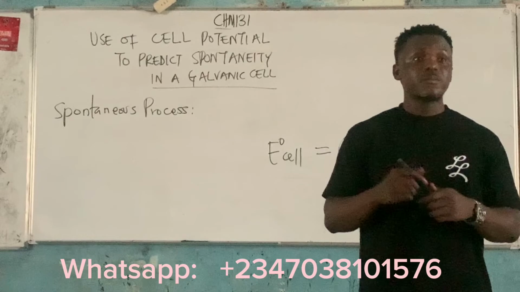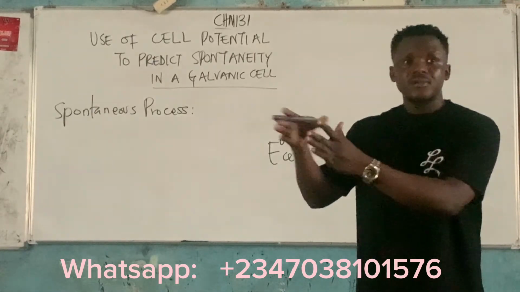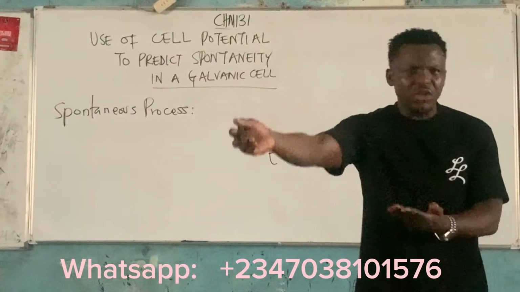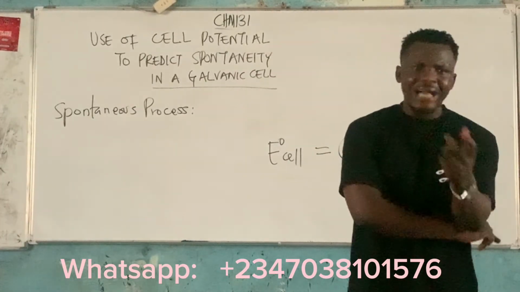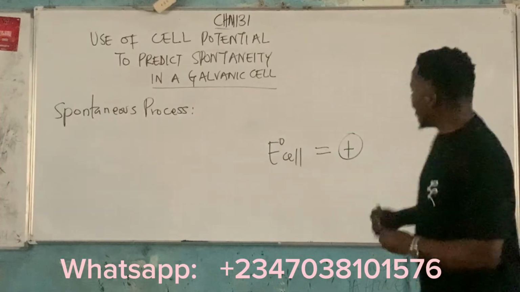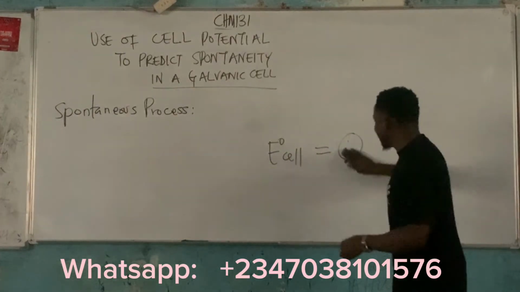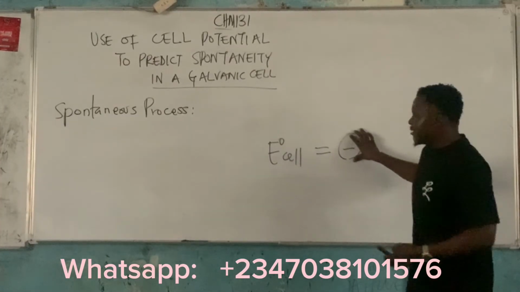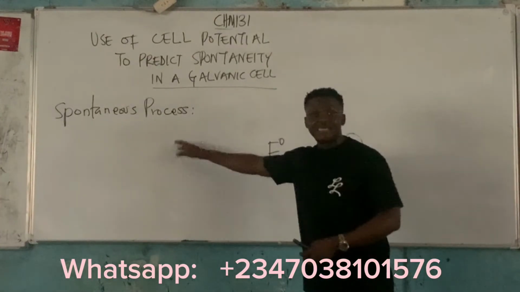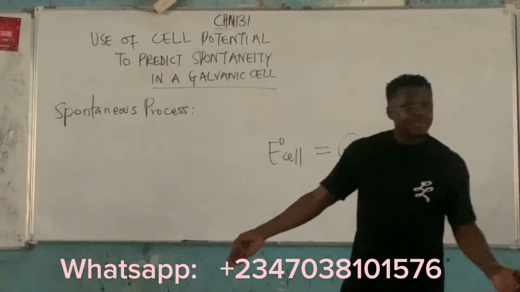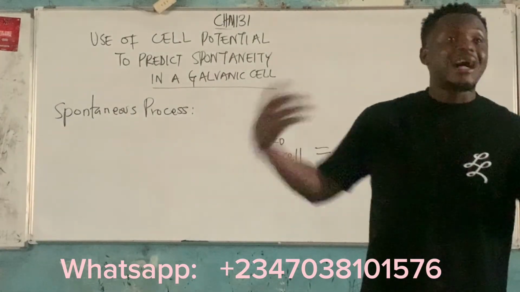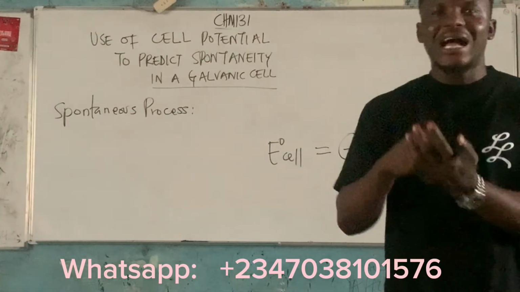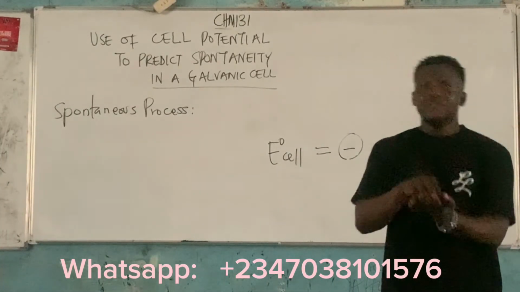And once the reaction inside the cell is spontaneous, yes, you can construct a galvanic cell with that cell potential. But if after carrying out your calculation, it gives you minus, it means that the reaction inside the cell is not spontaneous. So that stuff cannot form a galvanic cell, because a galvanic cell must have a spontaneous reaction taking place inside of it.